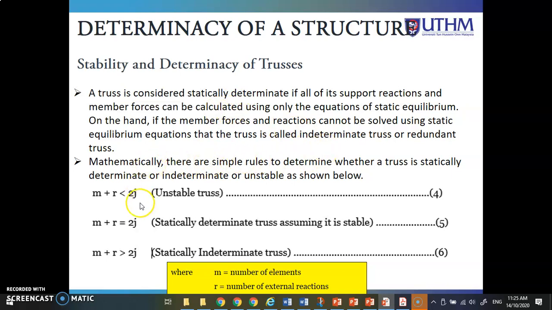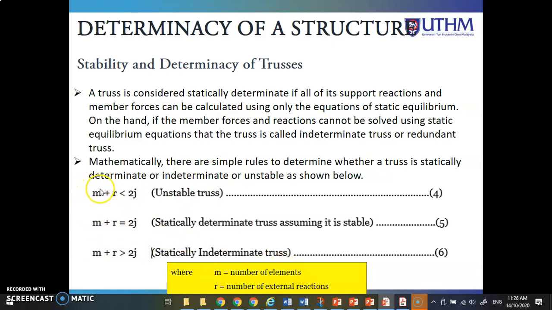Okay, tapi equation dia berbeza dengan yang tadi, yang tadi adalah untuk determinacy of beam, kita just pakai R dengan N. Okay, so for the determinacy of truss, kita akan gunakan M plus R and 2J. So this is the equation, which is M adalah number of element.